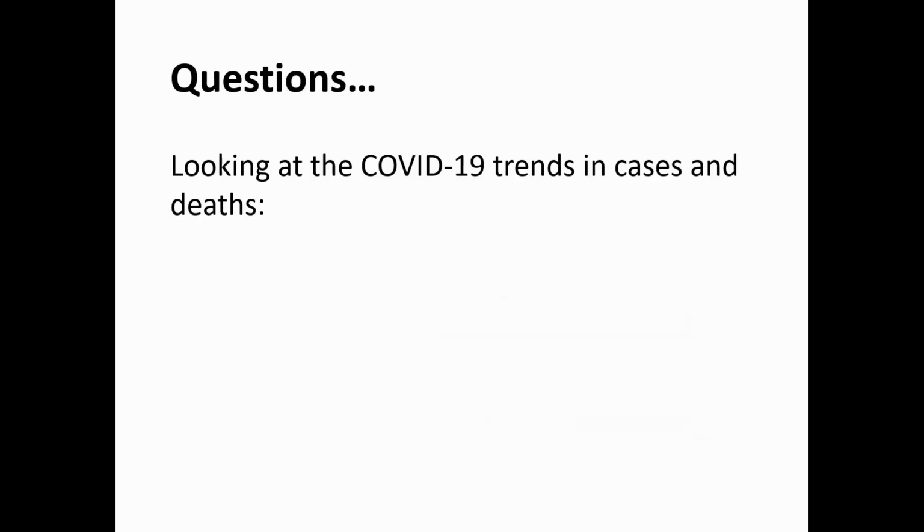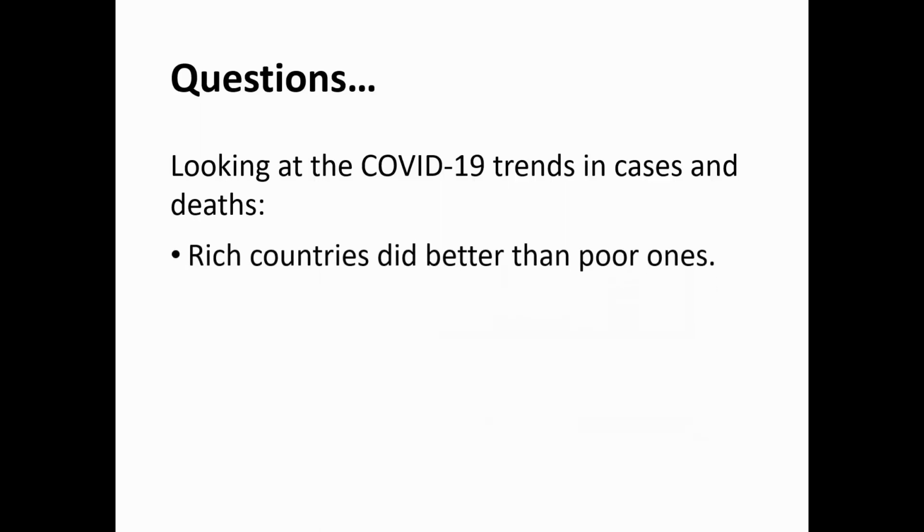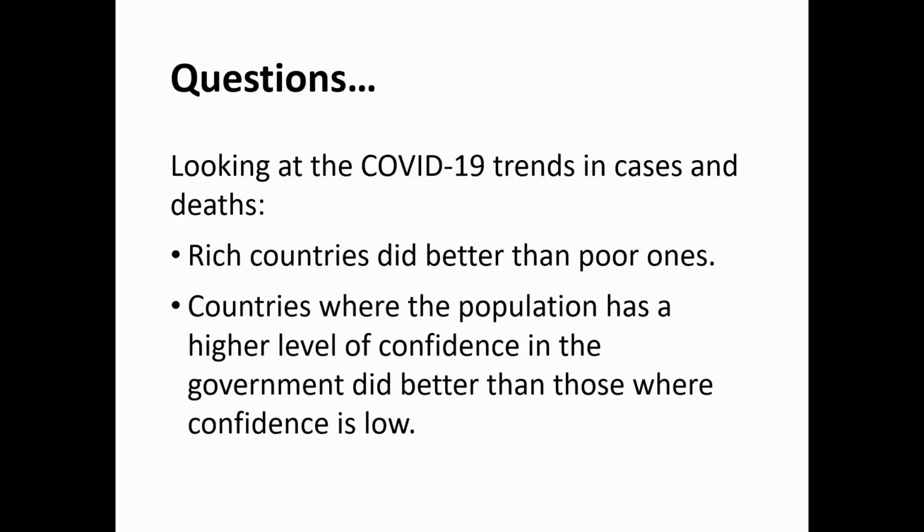The questions that we are going to address here are based on the trends that we see in COVID data in cases and deaths. We want to see whether rich countries did better than poor ones, and whether those countries where there is a higher level of confidence in government did better than those where the confidence in government is low. And let's get started.